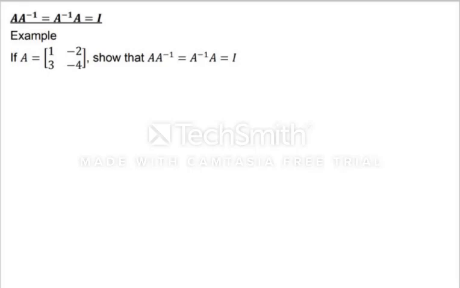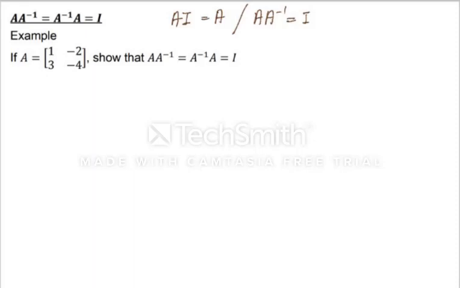Earlier, in matrix 1, we saw that A times I is equal to A. And now we're learning that A times A inverse is equal to I. So those are two important matrix identities.